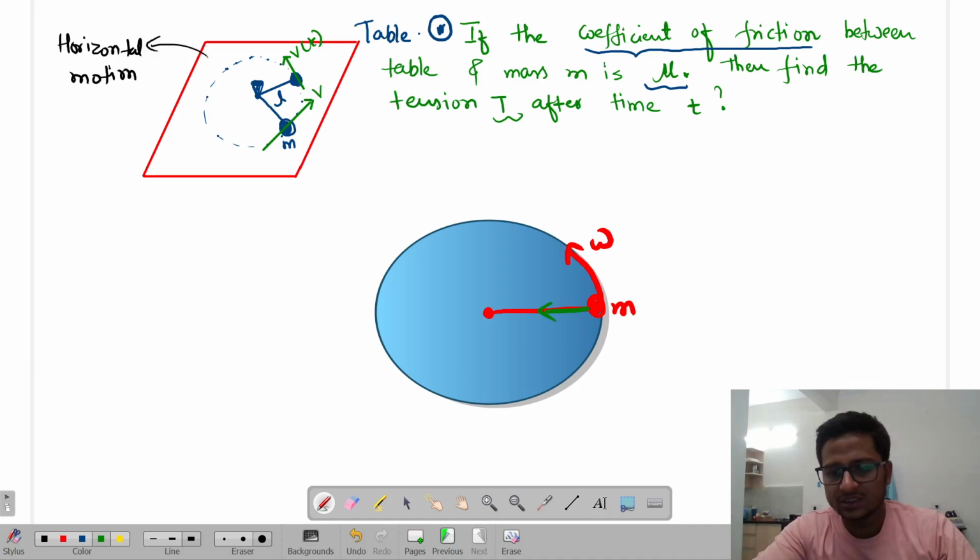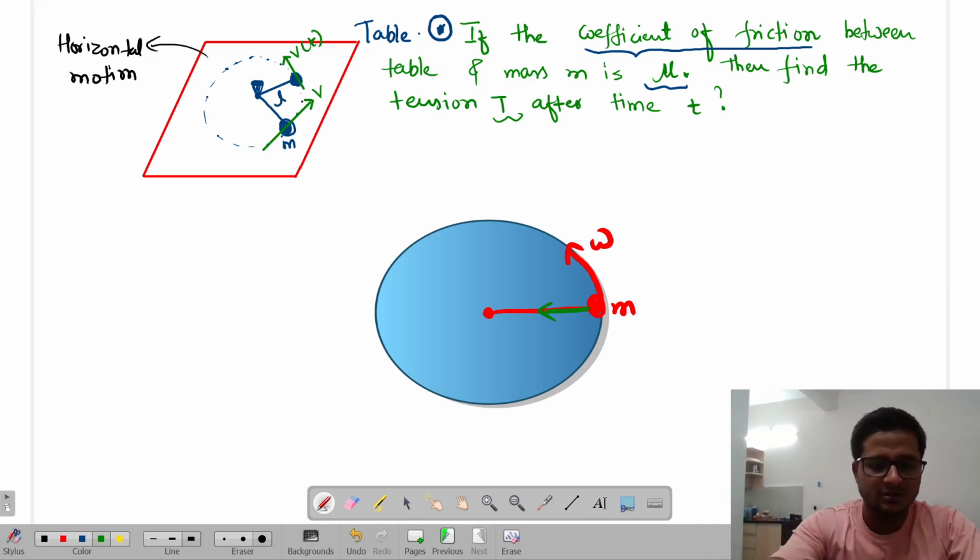Nothing will happen. Let me check on Google if there is an image. Circular motion on table. I'll utilize that table case for many cases, that's why I need that image. Yeah, now I got it. Wow, awesome.